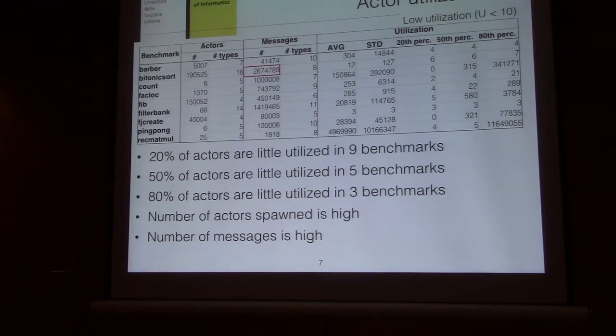Now, when utilization is low, this essentially means that the computations executed by actors are not much more than the bytecodes executed by the JVM for creating them. And for this reason, some actors might be removed somehow.